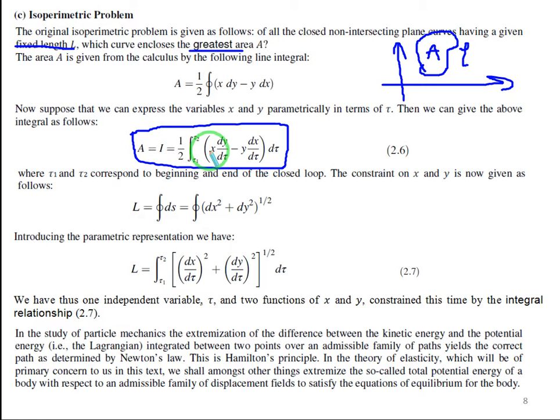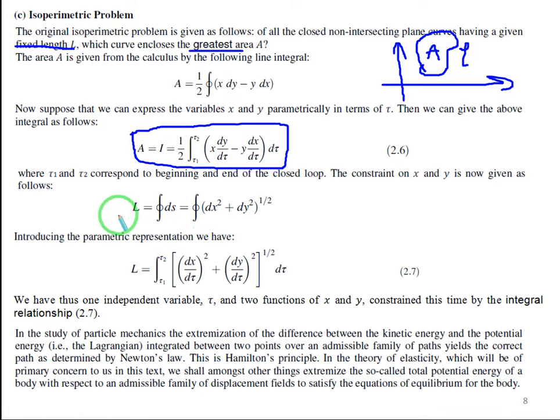So we must have two equations to find x of tau and y of tau. I will speak about it in more detail in our next sessions.